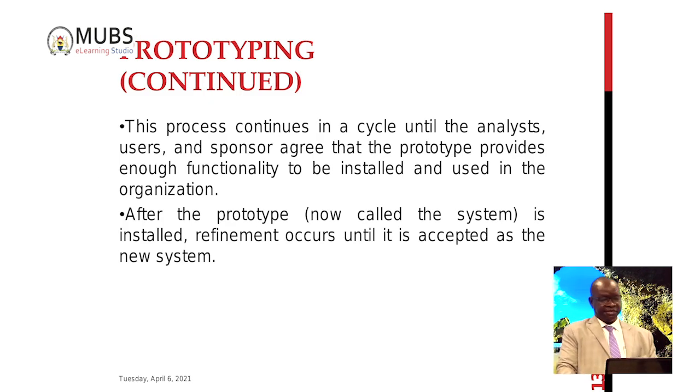So this process continues in a circle until the analysts, users, and sponsors agree that the prototype provides enough functionality to be installed and used in the organization. So that's how the final system comes. After continuous refinement, when the last prototype is accepted, it becomes the operational system.